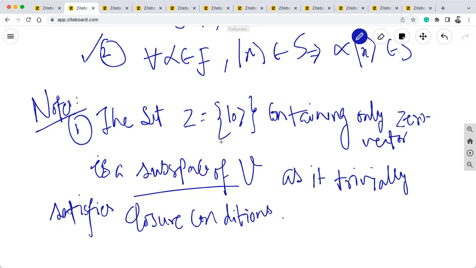So this zero vector set is called a trivial subspace of any vector space.